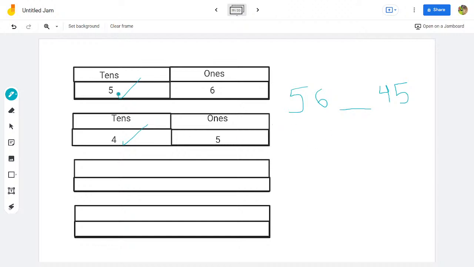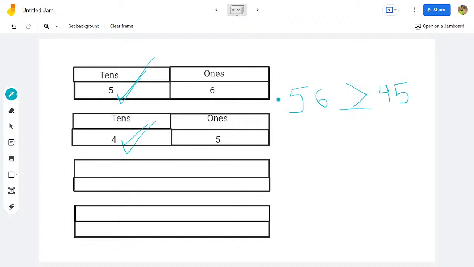We would look at the tens column of both the numbers. Here we have 5 in the tens column, which means it's 50. Here we have 4 in the tens column, which means it's 40. And 50 is bigger than 40, which means 56 is bigger than 45.